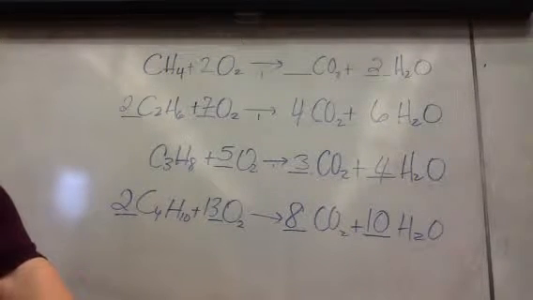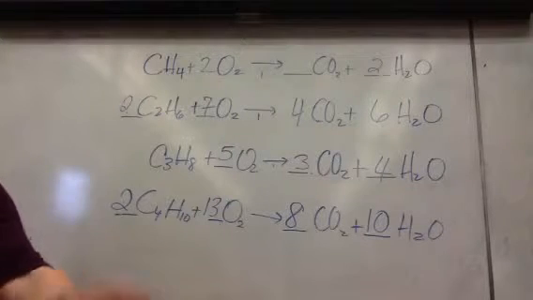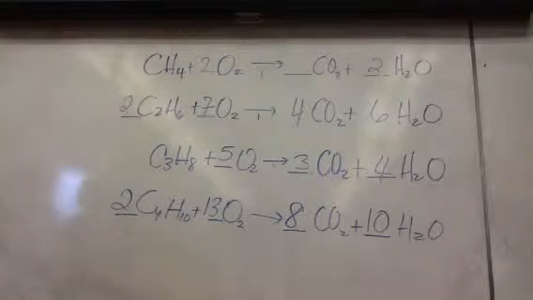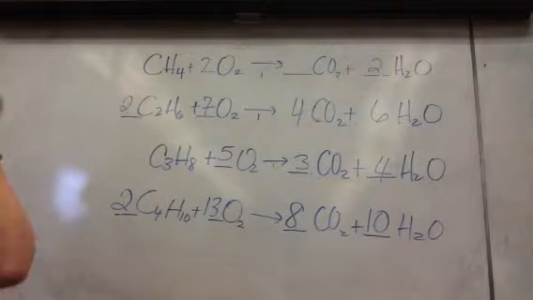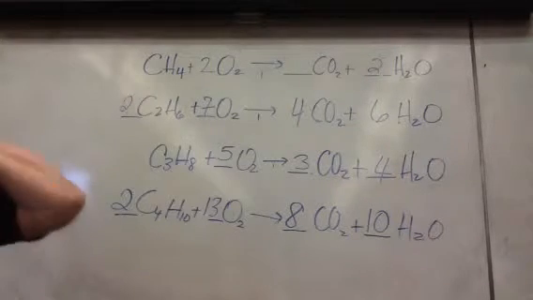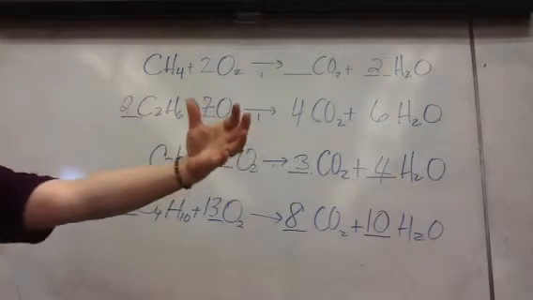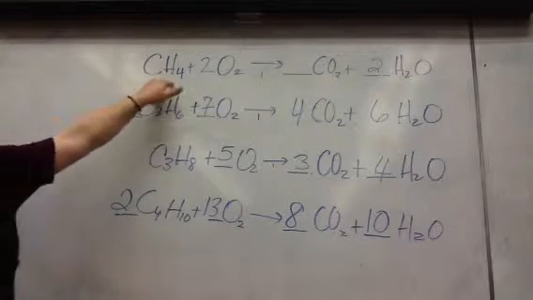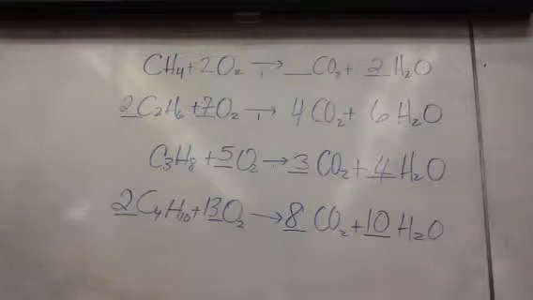CO2. So, when you burn hydrocarbons, you release CO2. You can't help it. It's the nature of the beast. The larger the hydrocarbon you're burning, the more complicated it is, the more CO2 you're releasing.